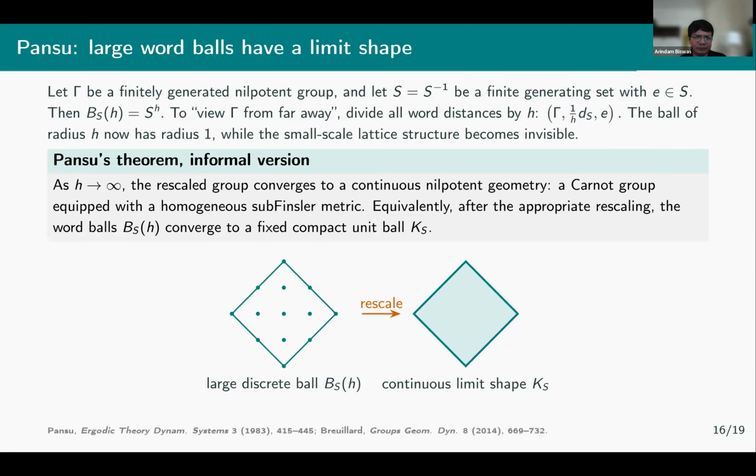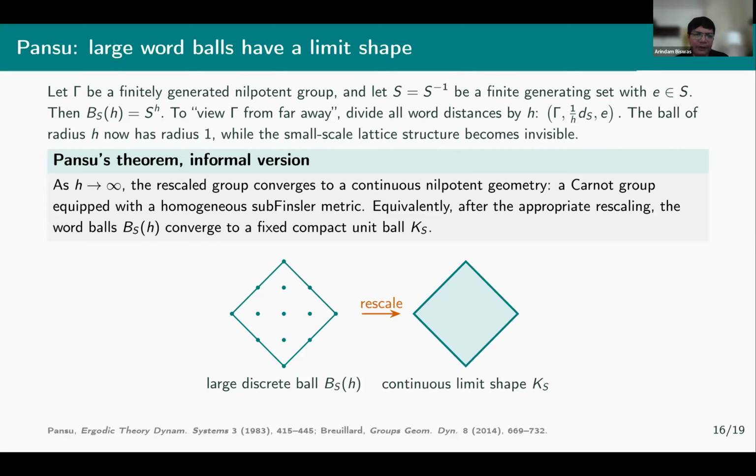Right. So for instance, Pansu in 1983 studied large word balls in nilpotent groups, and he showed that if we look at these discrete balls in nilpotent groups from far away, which means that you do some normalization on the word metric and then look at the growth of these balls.